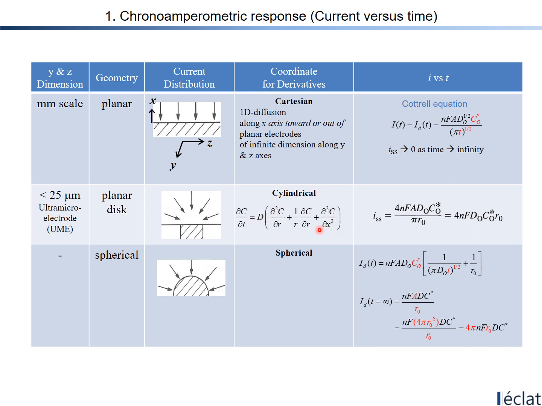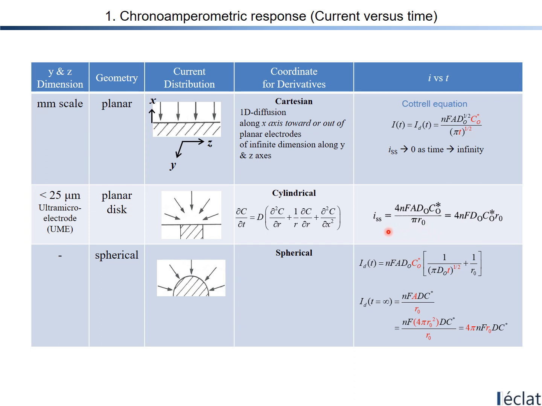It looks a little bit more complicated than the one-dimensional Cartesian coordinate operation. In that case, we could obtain very complicated diffusion current equations, much more complicated than the Cottrell equation, even though I didn't show the complicated equation here.